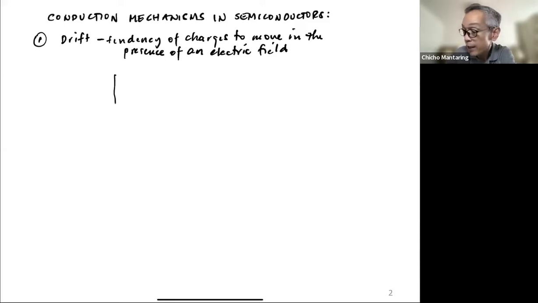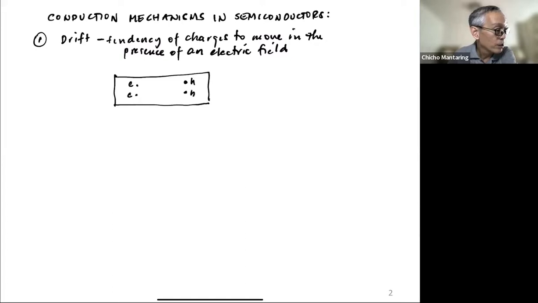So let's say I had a semiconductor material, and I have, let's say, electrons in this material, and I also had holes in this material. Okay. So if I had an electric field, for example, in this direction, what direction will my electrons move and what direction will my holes move?